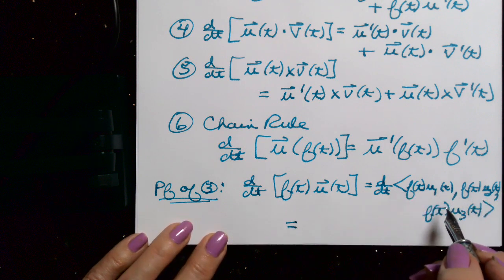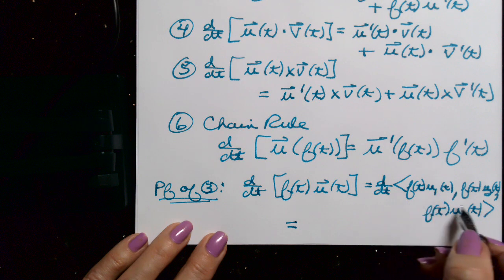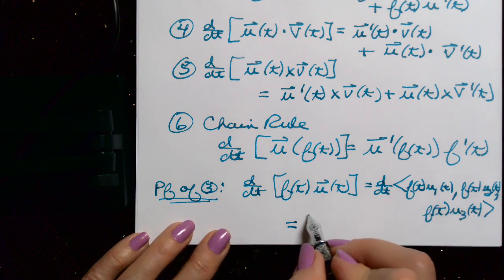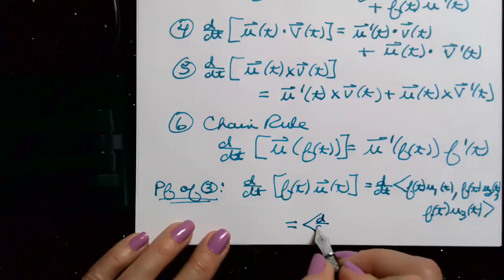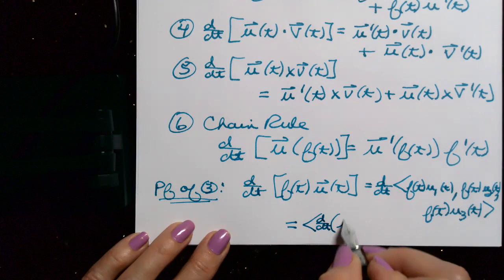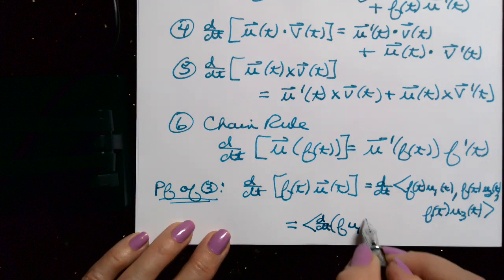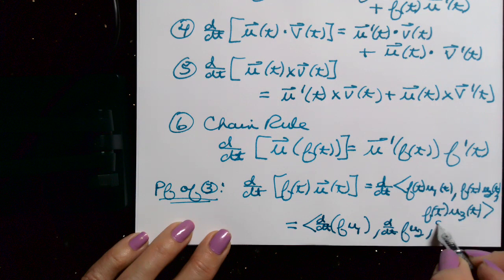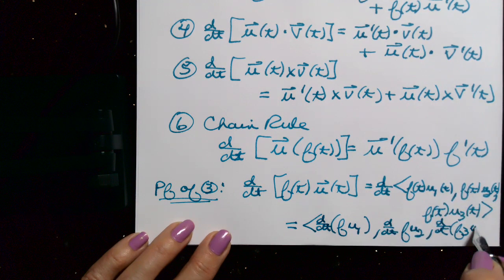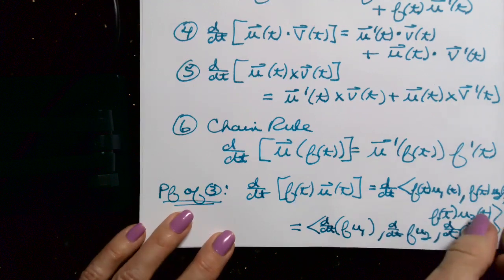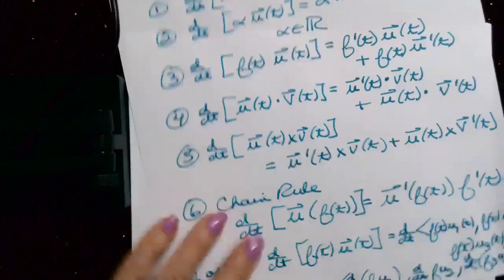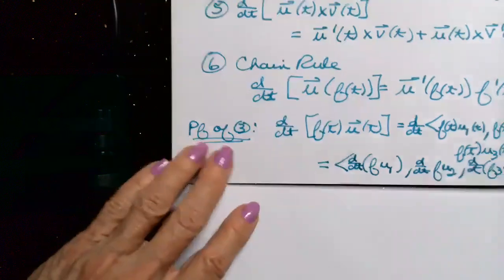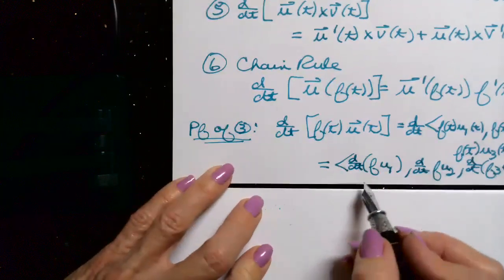Well, we saw in the last video that the way you do that is you take the derivatives inside. So this is going to be d by dt of fu1, d by dt of fu2, d by dt of fu3, that vector. Let's be careful. What is that? By the product rule, these are really all scalar functions.